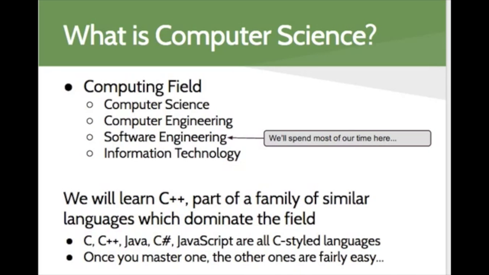So as we learn C++, think of it as learning the English language in one region of the United States, and then potentially you could move somewhere else and things would sound a little different. People would have a slightly different way of saying things, but you'd get by, and that's what you're going to get with C++. You'll be able to move to these other languages fairly quickly after learning this.